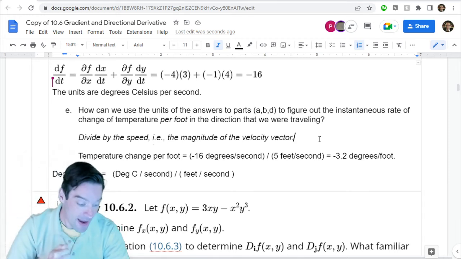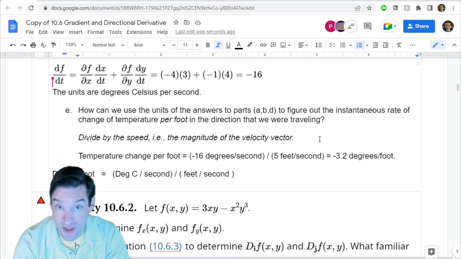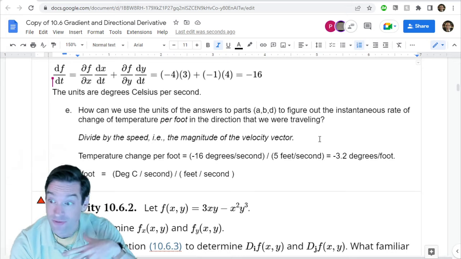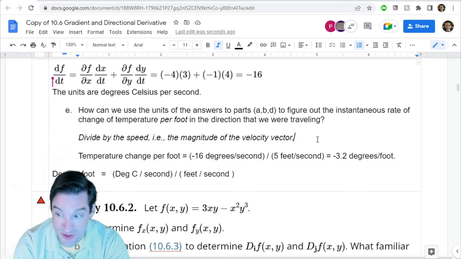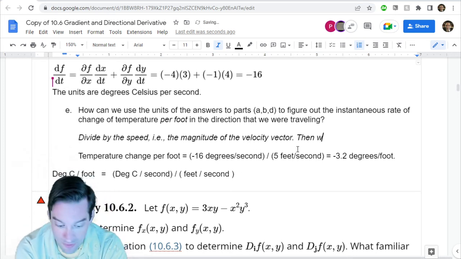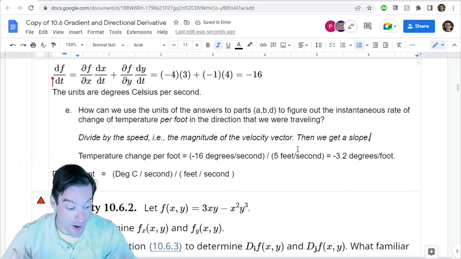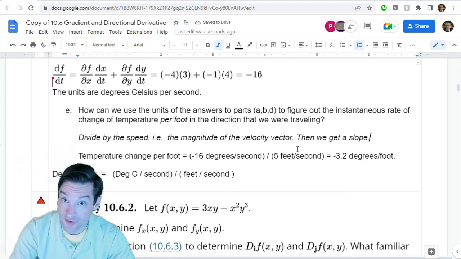The only thing that matters is basically the slope, right? The relationship of the change in the z variable, the f output, to changes in the x and y input. And that is ultimately the slope.